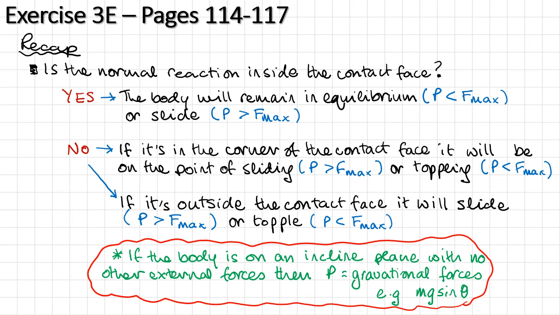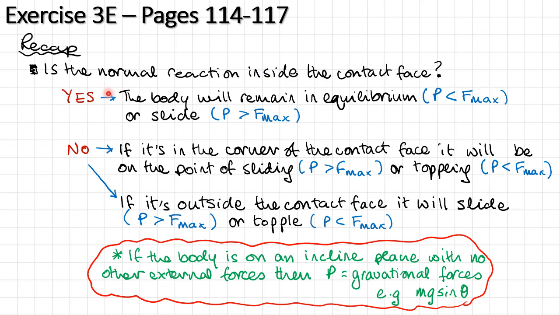So you should now be able to do exercise 3E on pages 114 to 117 of the textbook, and there's a quick recap here. This might be more useful than the first slide that I did if you just want a quick way of knowing what to do. First of all, is the normal reaction inside the contact face? We can use trigonometry and taking moments to work that out.